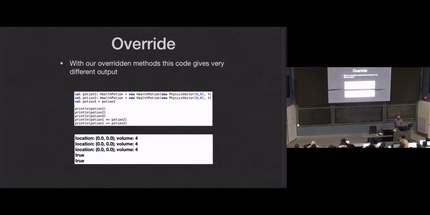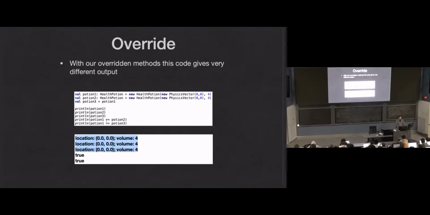With those two overrides of toString and equals, this code has significantly different behavior. Same exact code, the only difference is inside the health potion class, we added those overrides. And now when we print potions to the screen, we're going to get their location and volume printed. No more references, no more meaningless values in our print statements.